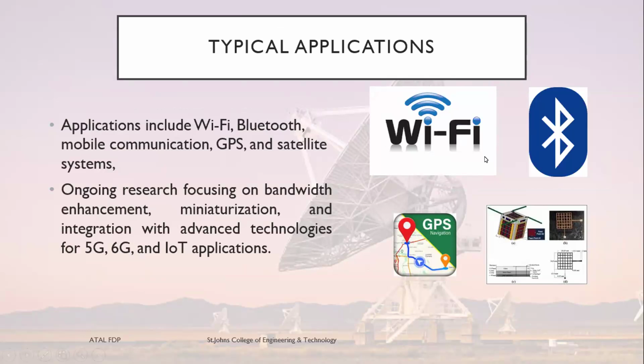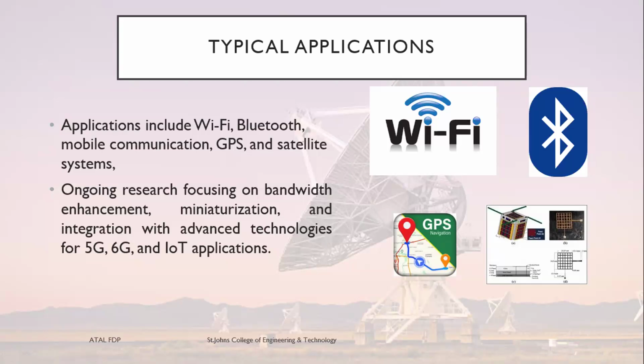Your Wi-Fi operates at 2.45 GHz or 5 GHz. Your Bluetooth operates at 2.45 GHz. Your GPS uses the L1 band or L2 band, global positioning system. Microstrip antennas also can be used on satellite systems.